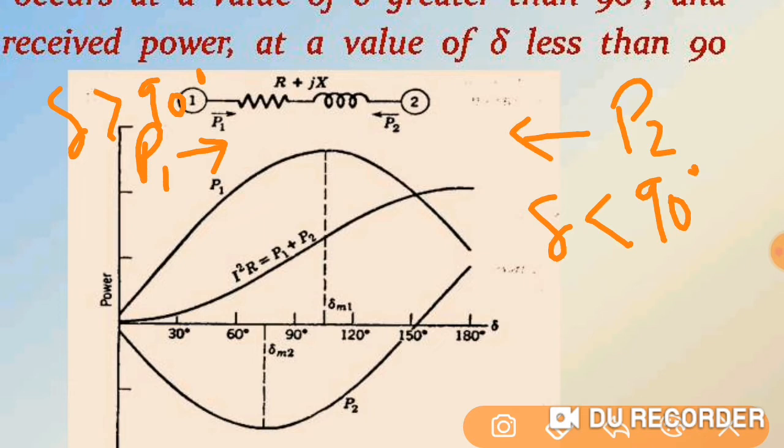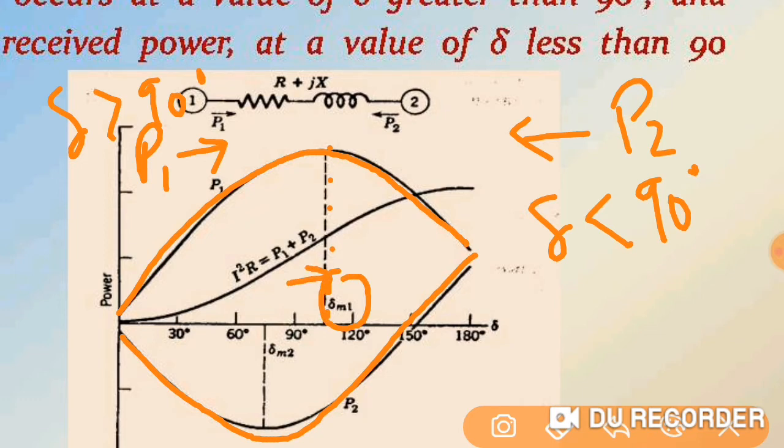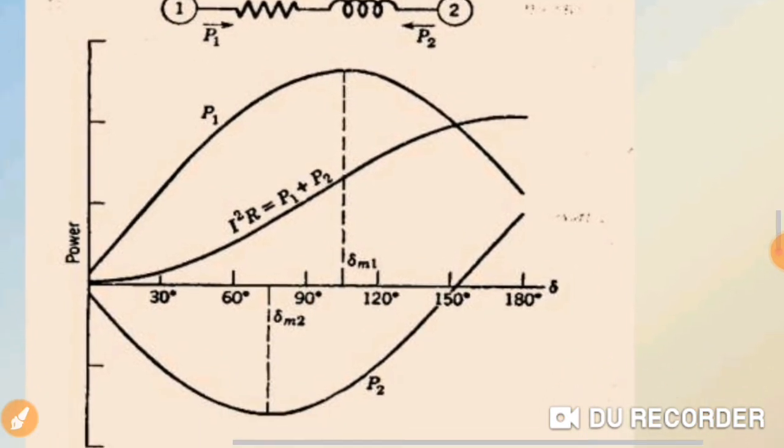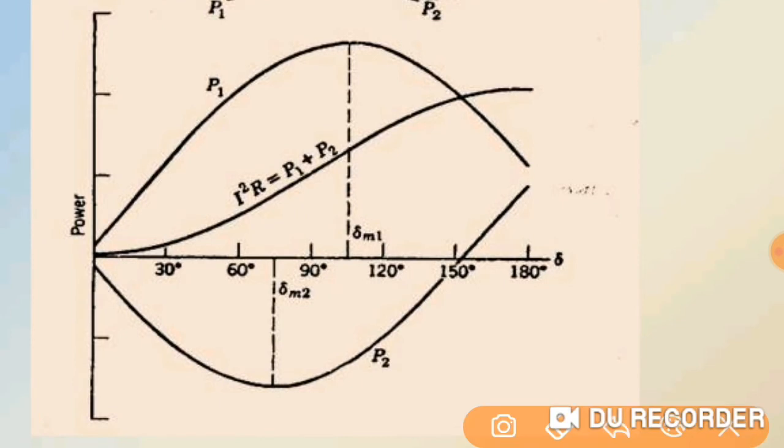To make this clear, this is the graph of P1 and this is the graph of P2. The maximum point del M1 always occurs beyond 90 degree, whereas del M2 occurs at a value less than 90 degree. If I zoom a little bit, you can see more clearly that del M1 is higher than 90 degree and del M2 is lower than 90 degree.